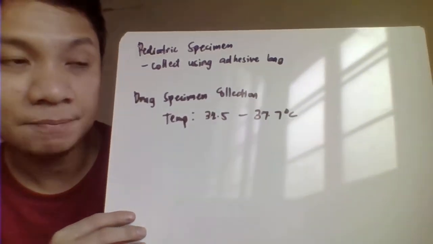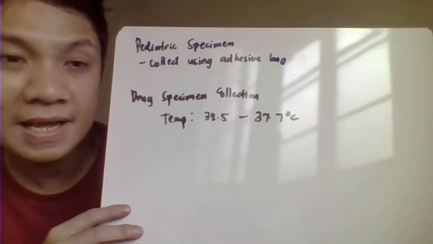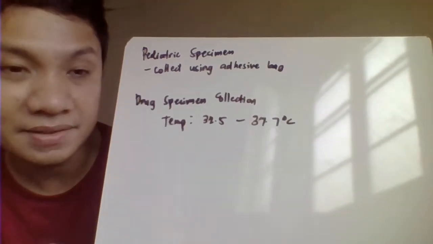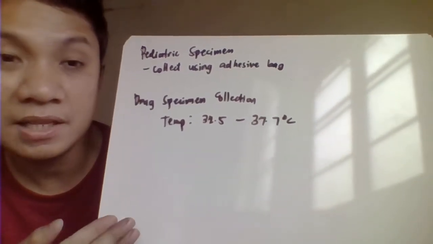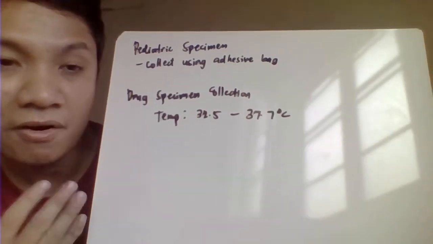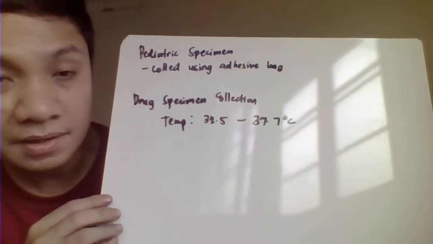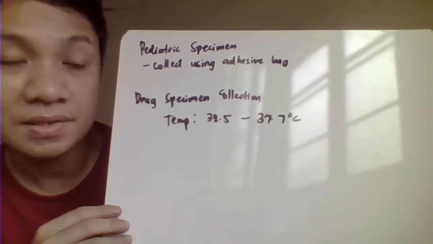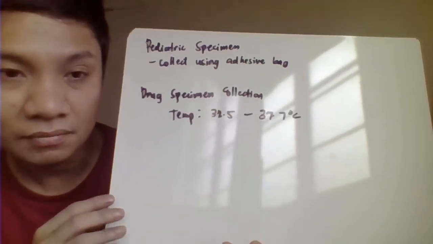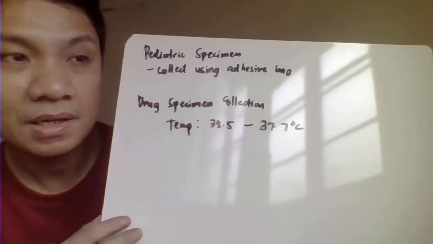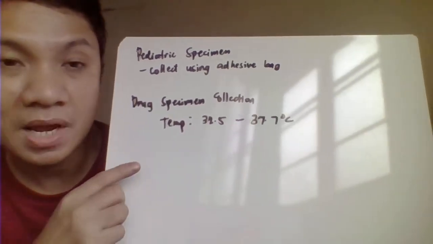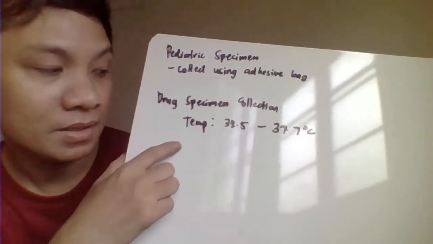So most likely, ang urinal na ginagamit for drug testing is the waterless urinal. Kasi of course, baka i-dilute ni patient ng water from the faucet ang kanyang specimen, it might result in false negative results. Okay, one way of checking if the specimen has been tampered with is checking the temperature of the specimen.